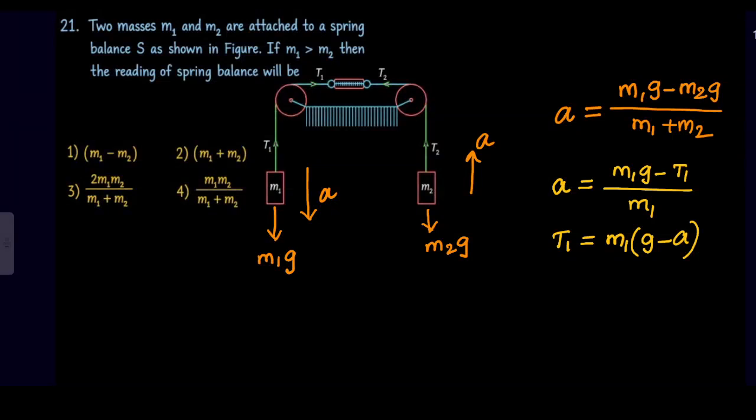Options are not there, so we have to get it. The A value we got, we put it in there, and we need to simplify further.